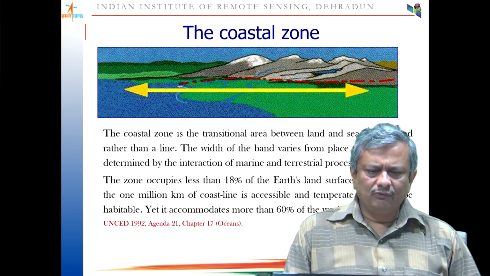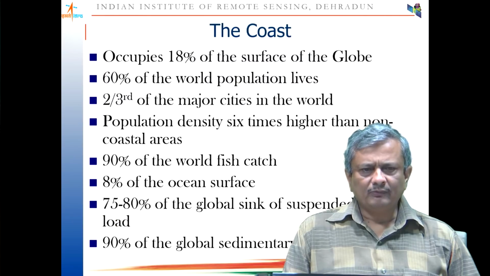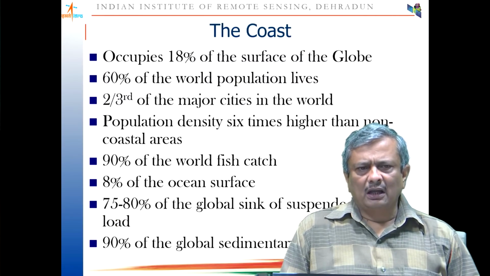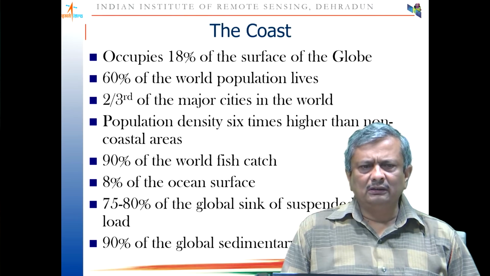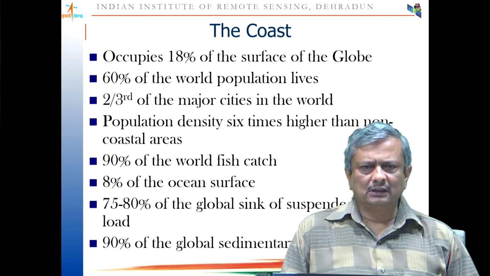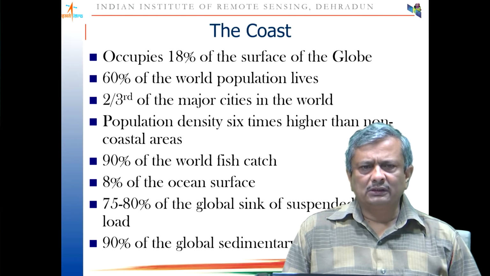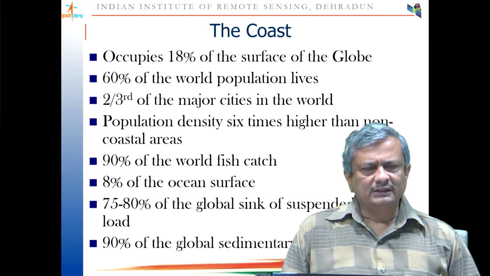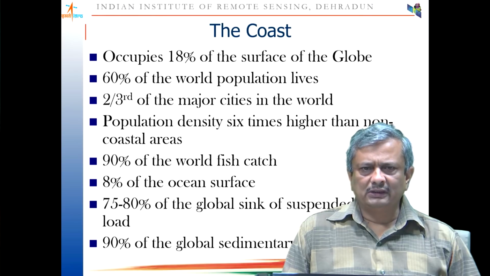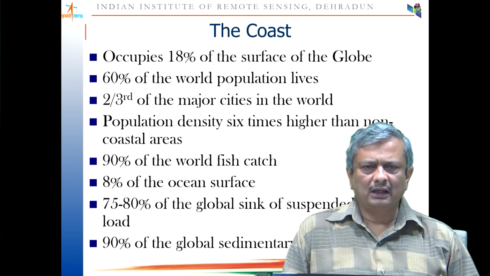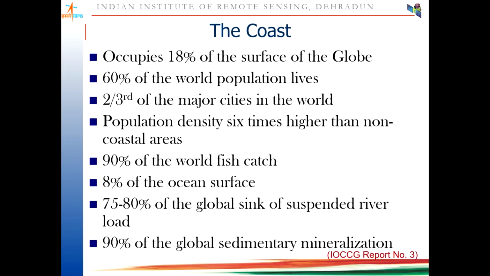So in a nutshell, why is the coastal zone important? I will try to show you some bullets, but this is not an exhaustive list. There may be so many bullets under this umbrella. It is around 18% of the surface of the globe. 60% of the world population are living within this 18% of the surface of the globe, as I have mentioned already. Two-thirds of the major cities in the world are lying in the coastal zone.